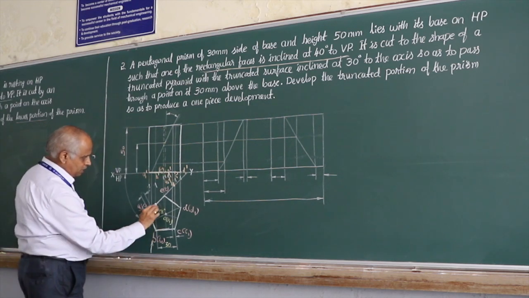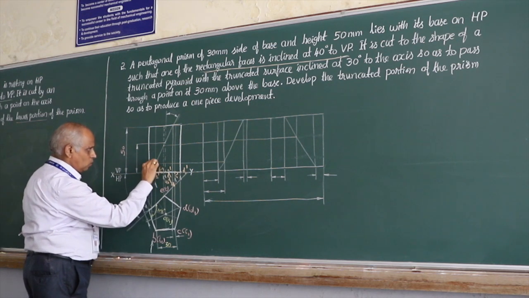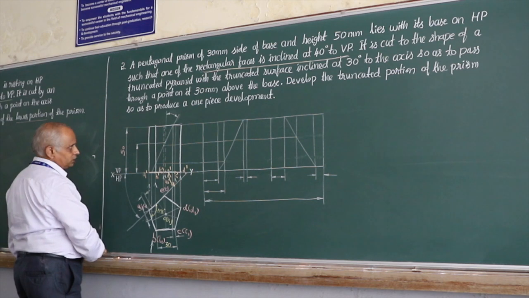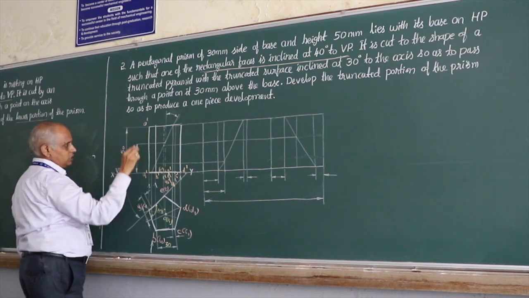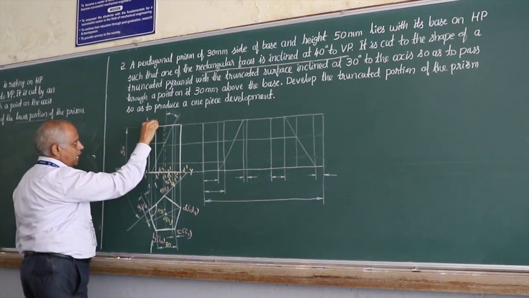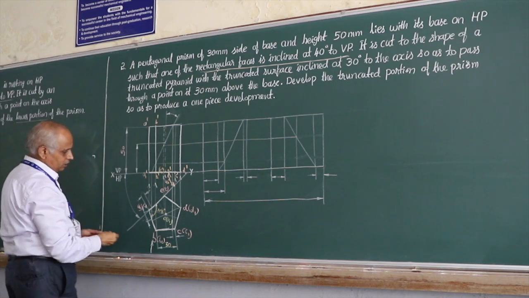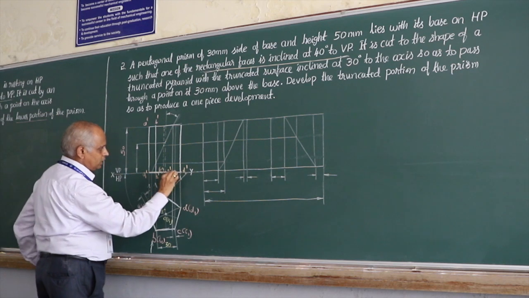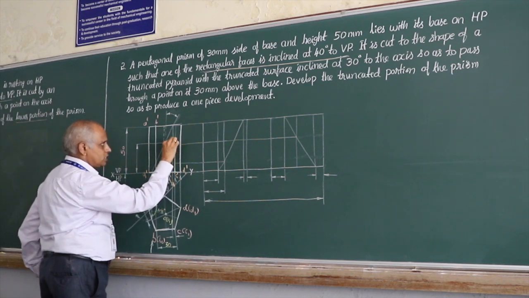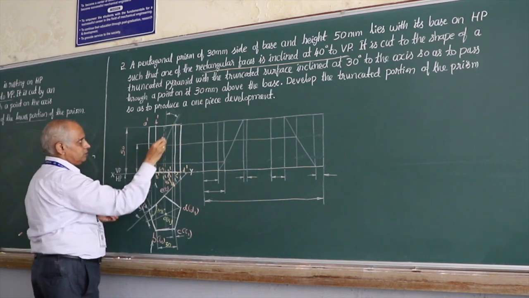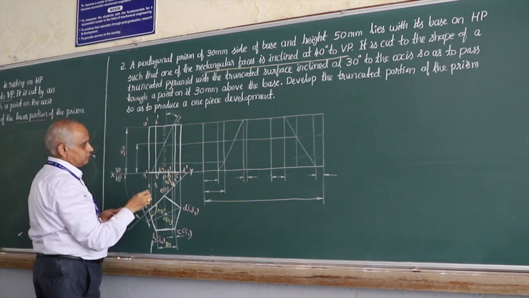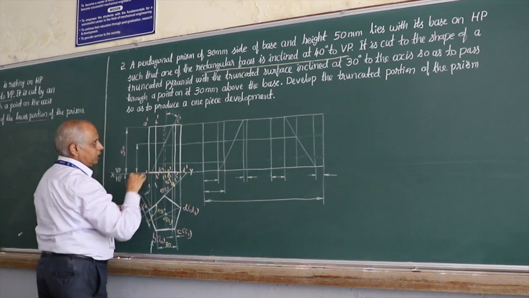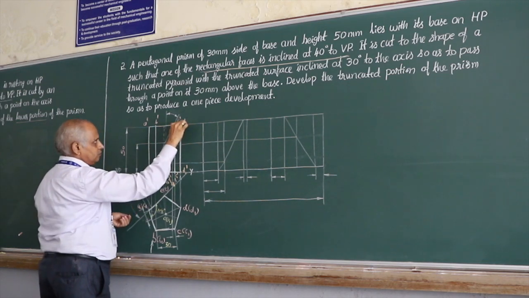Now projector from B B1 means this is now the vertical edge, B1 dash, and therefore this is A dash, this is B dash. Coming further from C, if you take it, this is C1 dash, and therefore this is C dash here, and from D1 dash, when you take the projector up, you get D dash here.